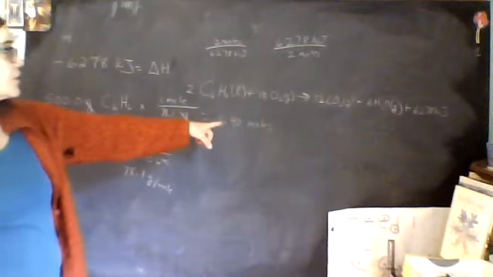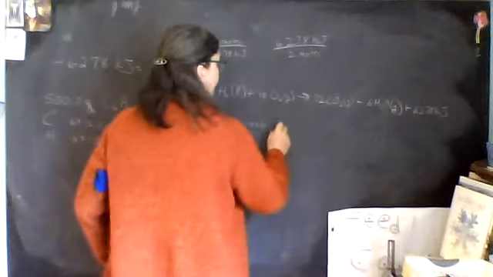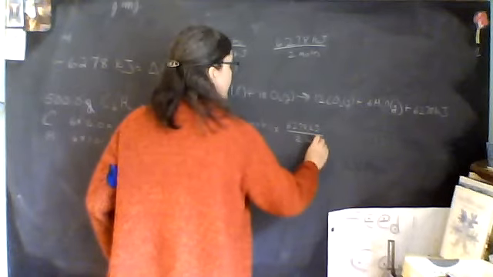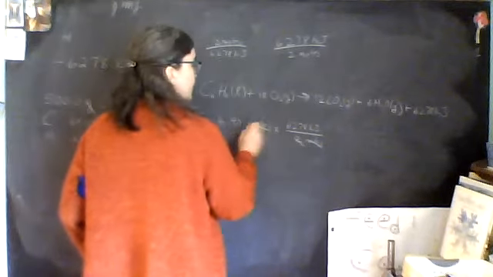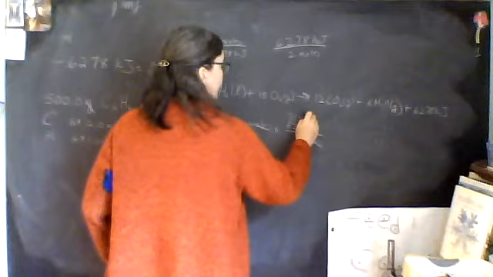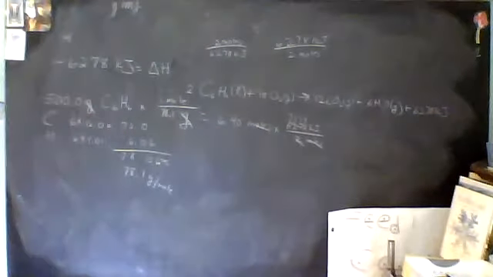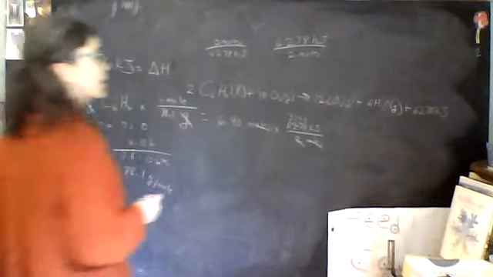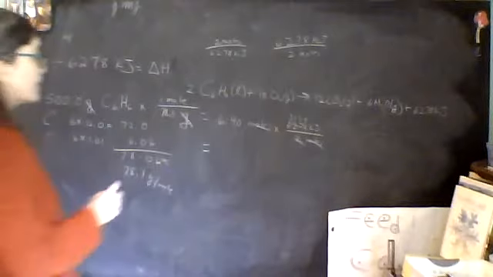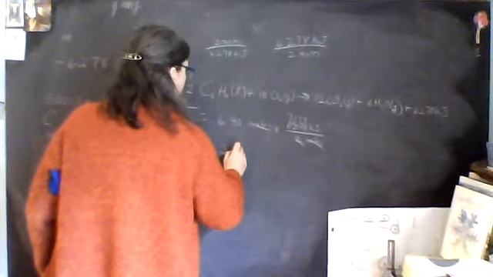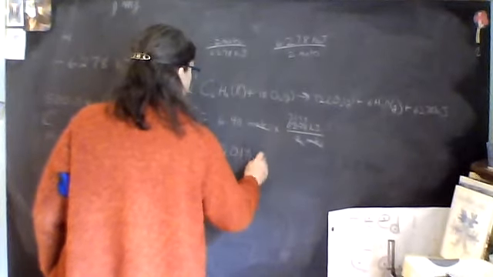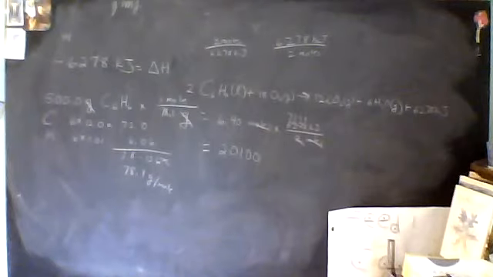We have 6.40 moles, so we multiply by 6,278 kilojoules per 2 moles. Moles cancel. I divide by 2 and get 3,139. Multiply that by 6.4, and we want 3 significant digits: 20,100 kilojoules.